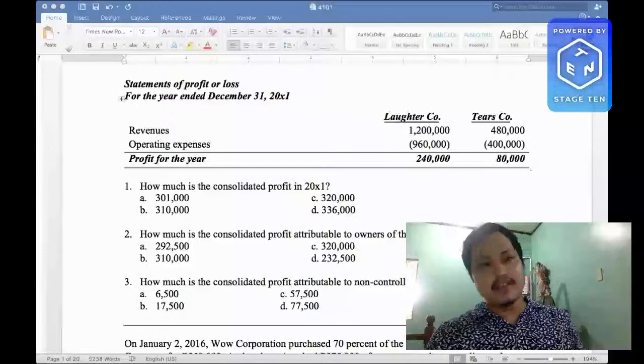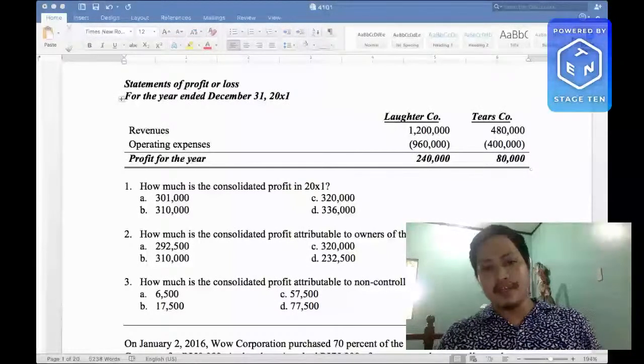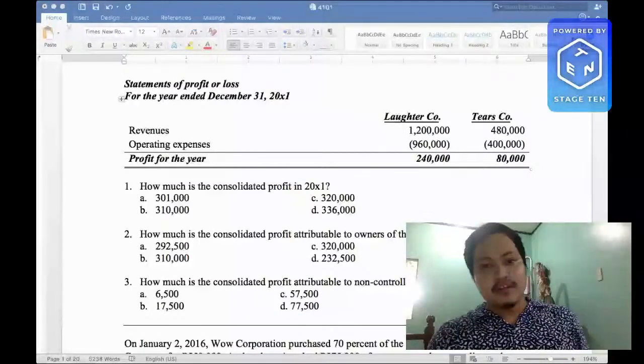And since the operating expenses as reported by the subsidiary is understated, the profit reported by Tears Company is also overstated by 10,000.